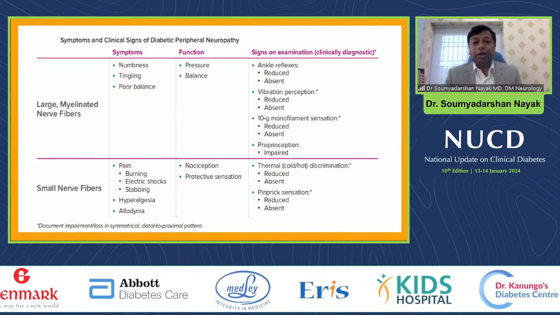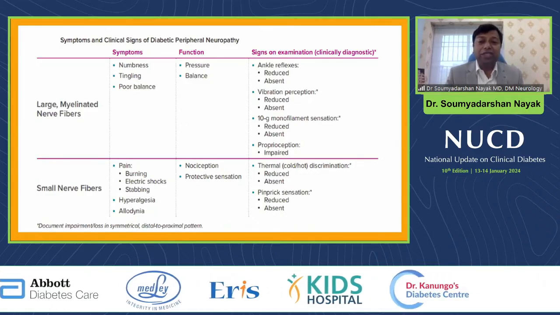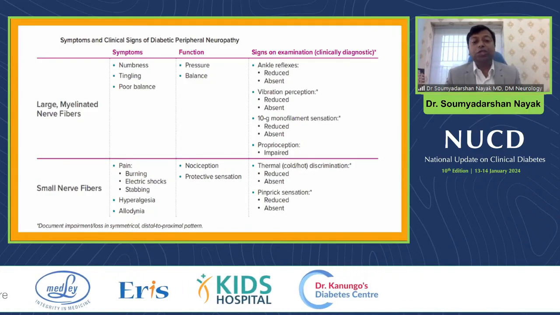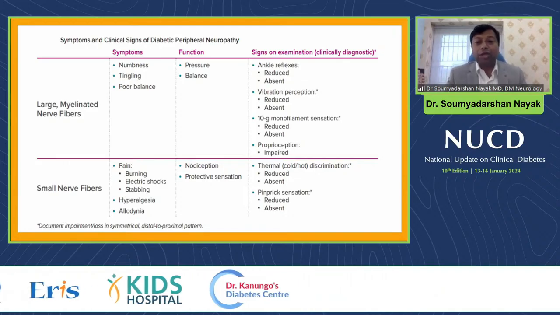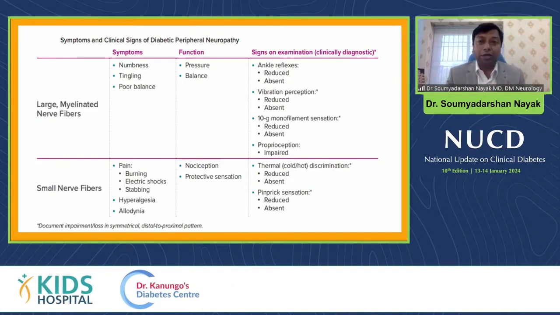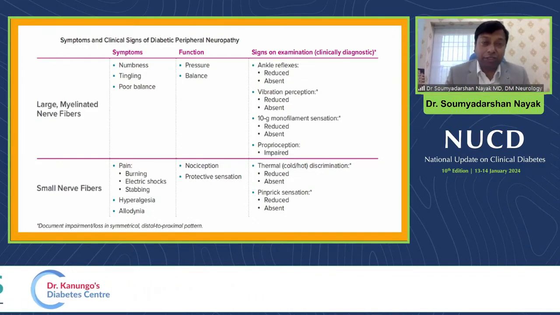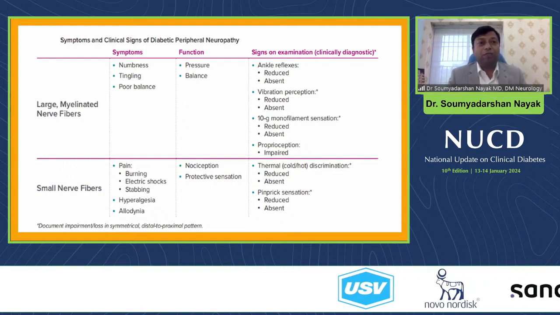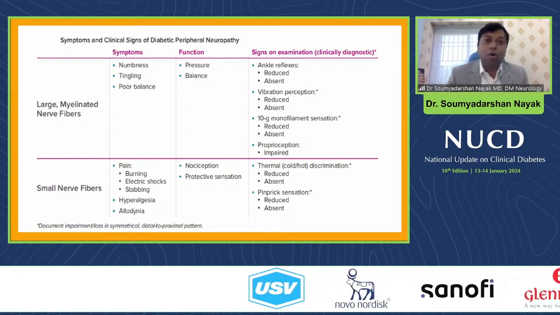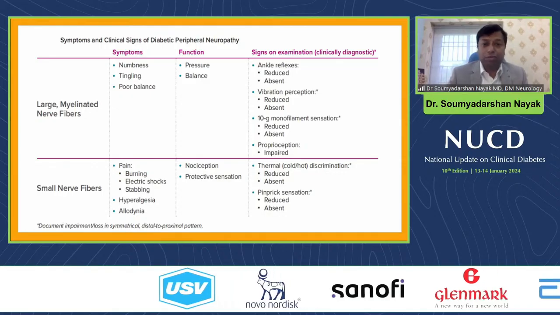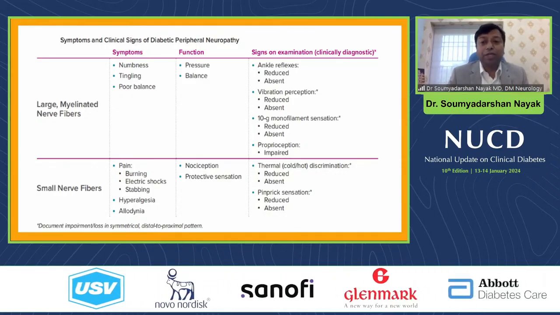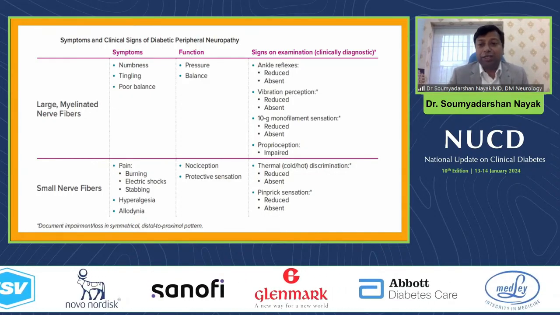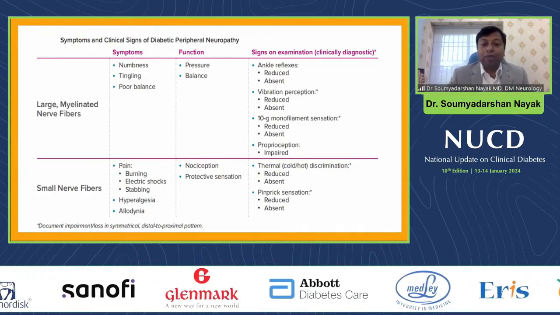If you have any symptoms relating to these two types of fibers, you can very well do a focused clinical examination. All of you are busy practitioners, so at least spend 2 to 3 minutes on a neurologic examination: 1 minute for the symptoms, and 1 to 2 minutes for the examination and clinical diagnosis.